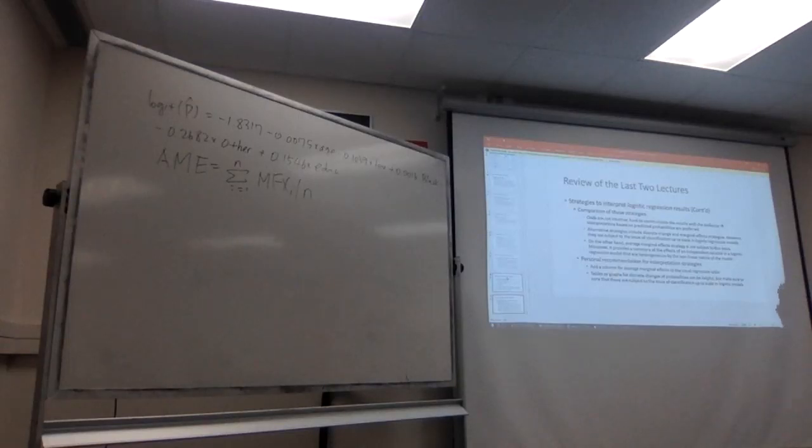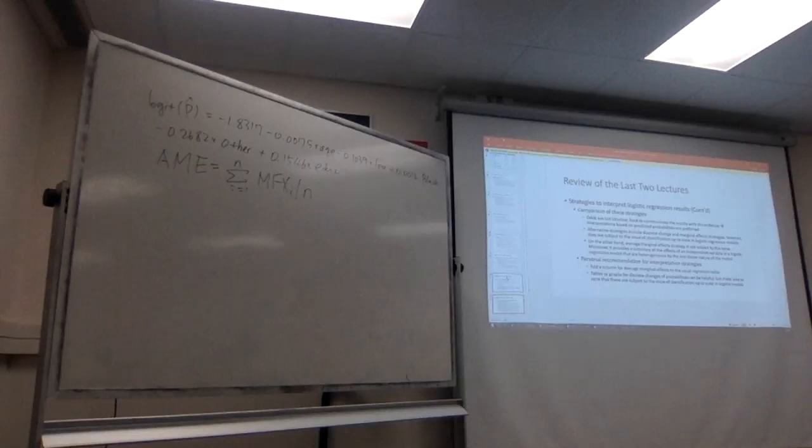Our alternative strategies include discrete change and marginal effect strategies, but they are subject to the issue of identification up to scale in logistic regression models. Remember the collapsibility issue that we talked about? They are subject to that issue, which means that they are not identified per se.